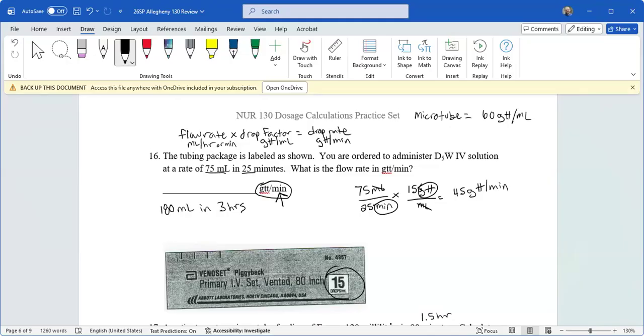What would the drop rate be if you were infusing 180 milliliters in 3 hours with a drop factor of 15?